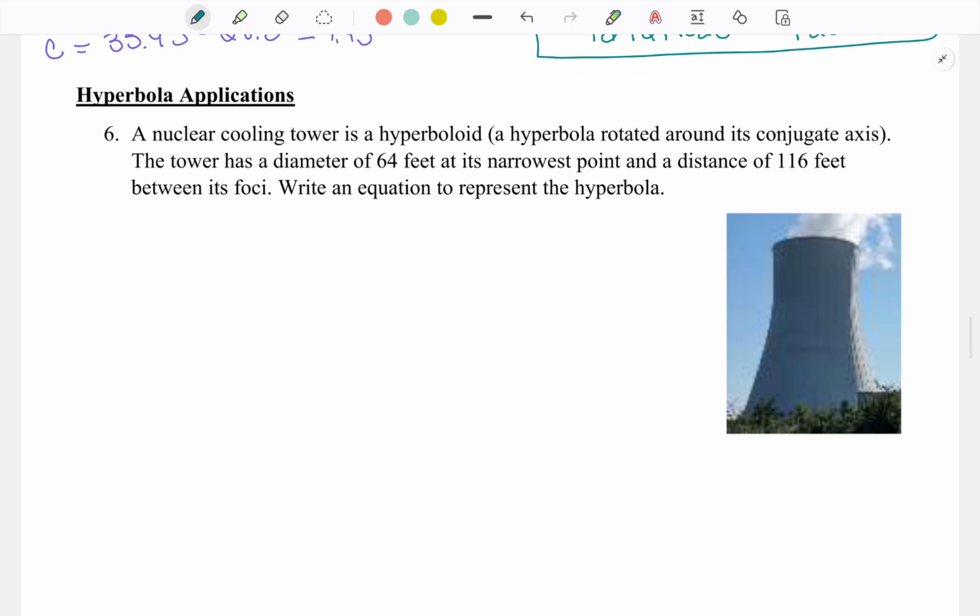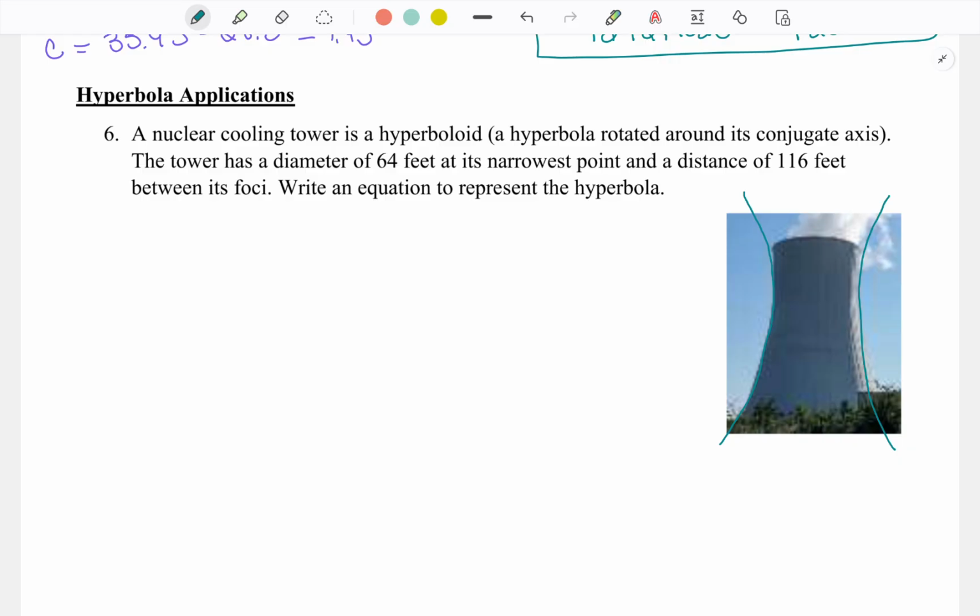So let's look at our hyperbolas now. So on number 6, we have a nuclear cooling tower is hyperboloid, essentially a hyperbola rotated around its conjugate axis. So you can almost see like your hyperbola here on the edges of the tower.